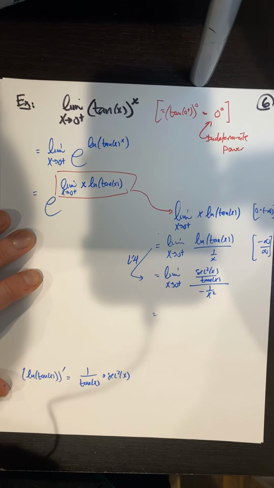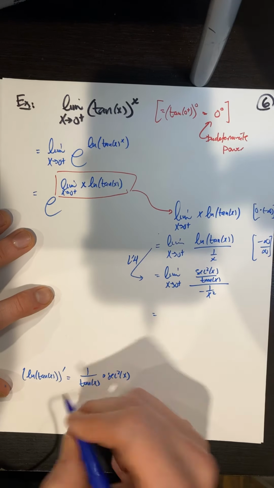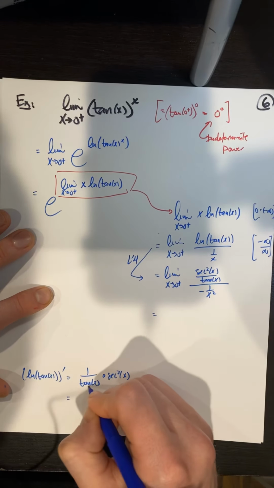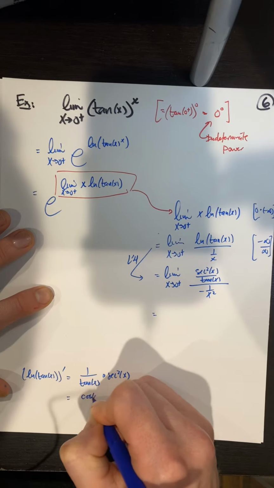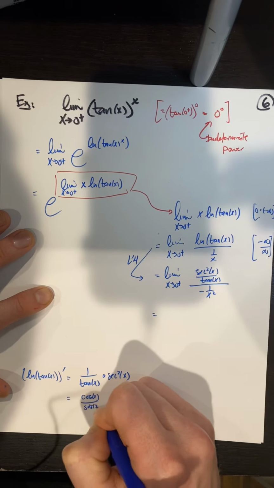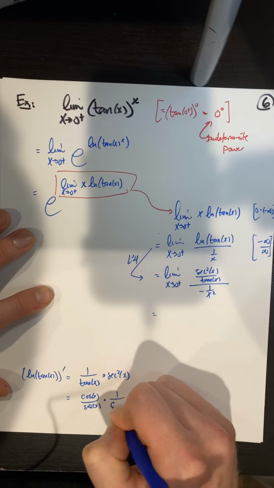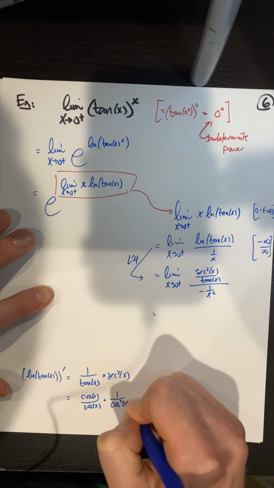Okay, so let's simplify this thing. What is secant squared over tangent? Well, 1 over tangent would be cosine over sine. And then this is 1 over cosine squared of x.